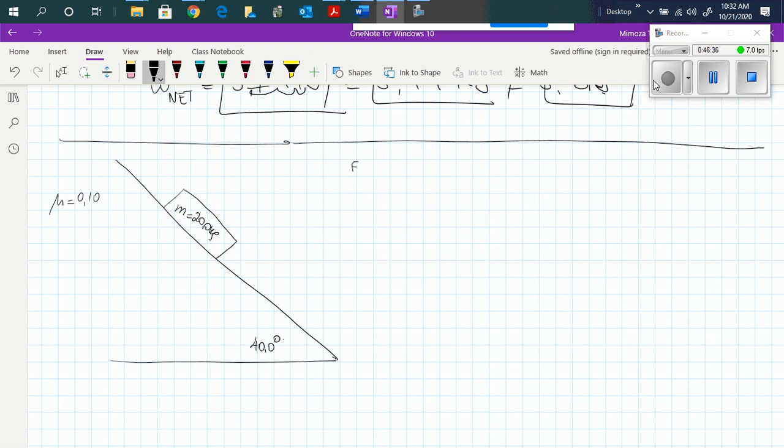Let's find what is force of gravity, force normal, force of friction, acceleration, work done by force of gravity, work done by force normal, work done by force of friction, and work net.